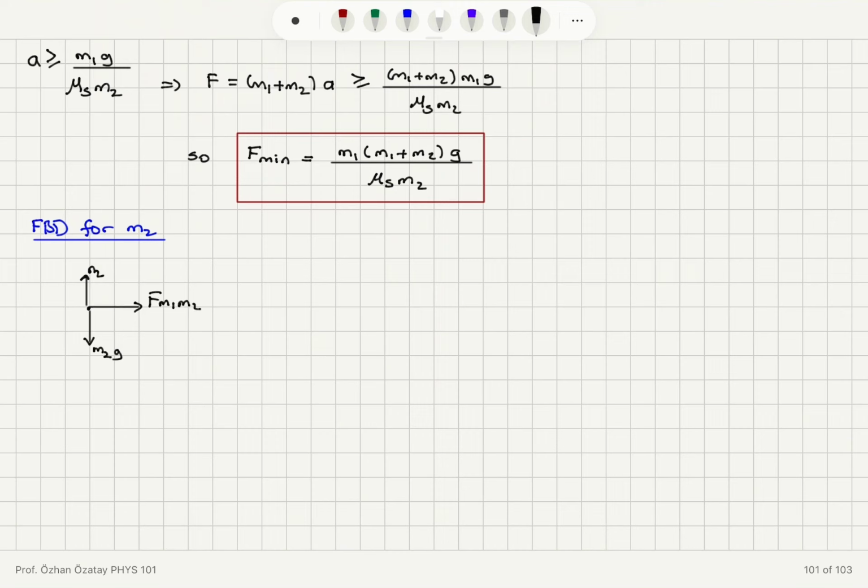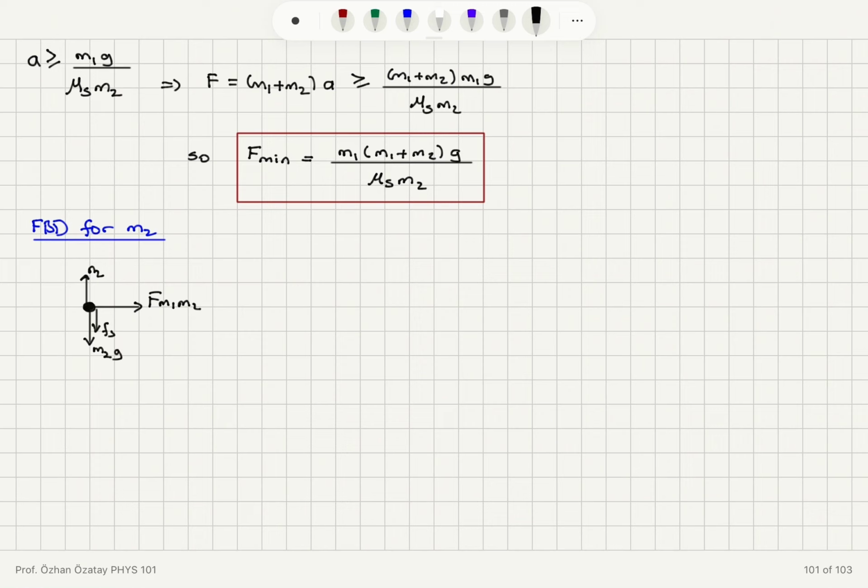And where is the static friction pointing? Because it's pointing up on m1, it has to be pointing down on m2. So let's redraw this. It's going to point down on m2.